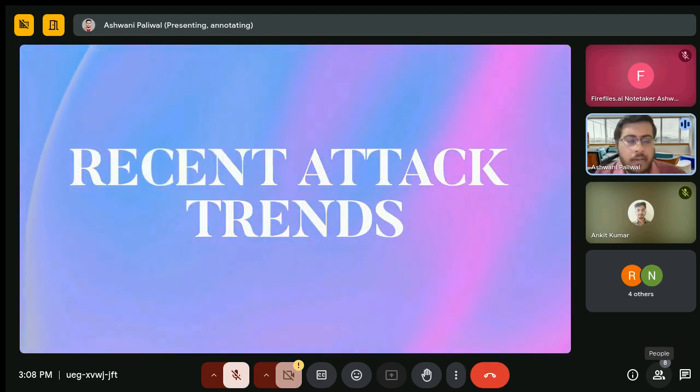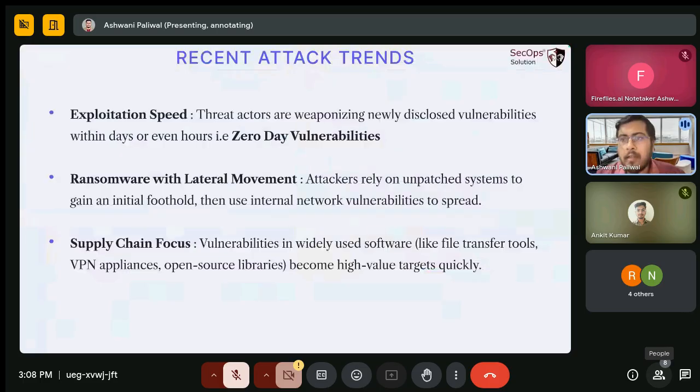So, recent attack trends. One of the major shifts that has happened recently is that it has become a lot easier to build exploitation scripts for security vulnerabilities. For newly discovered and zero-day vulnerabilities, people are exploiting them within 2 days, within 3 days since the vulnerability has been officially published.